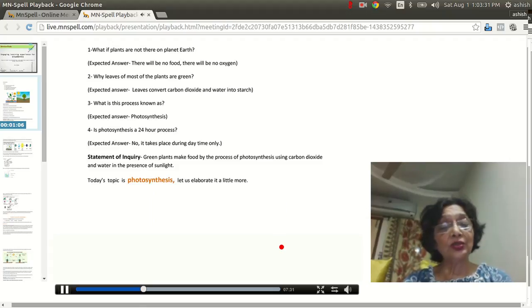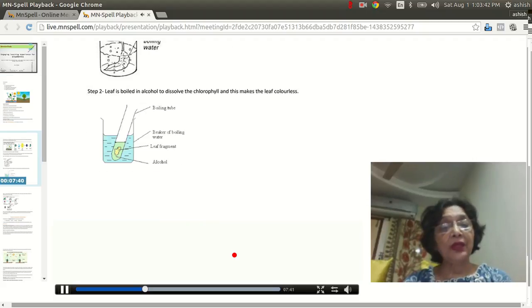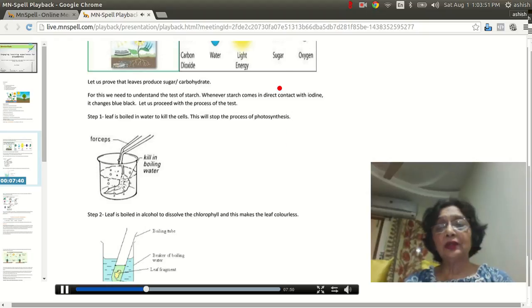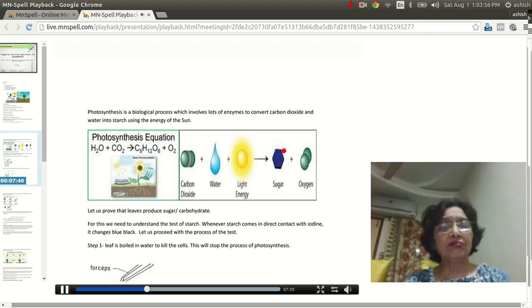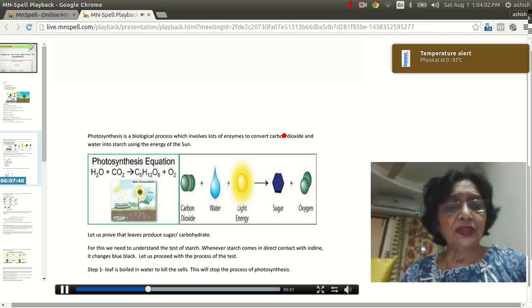And now I am going to elaborate the topic photosynthesis a little more. Let me come to the next topic. If you see, there is one diagram here which is showing what we get as a result of photosynthesis, and we call it the photosynthesis equation.